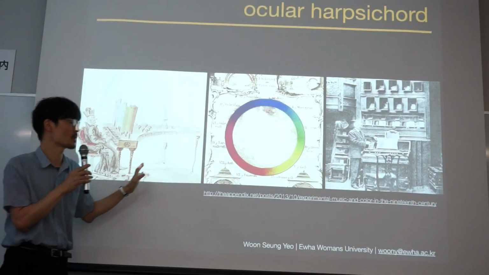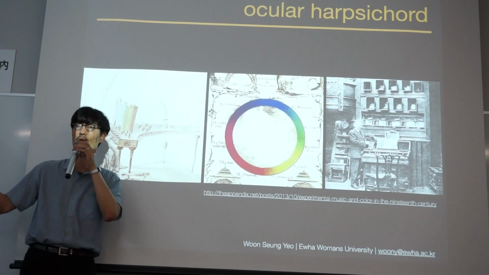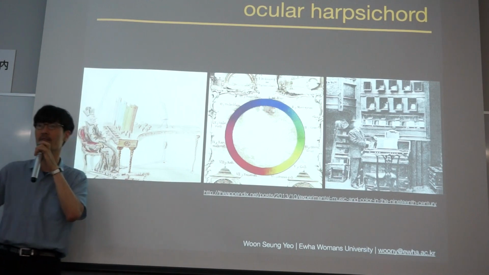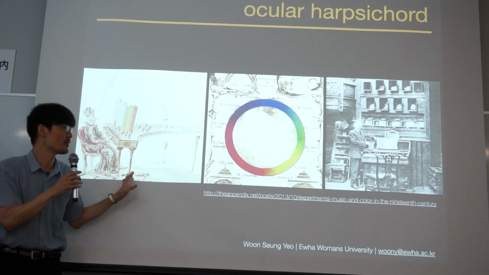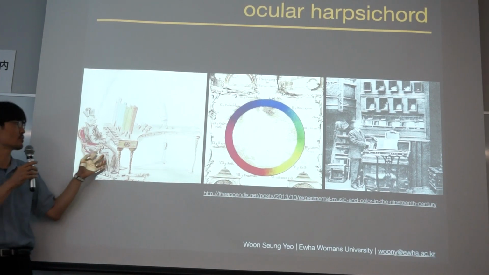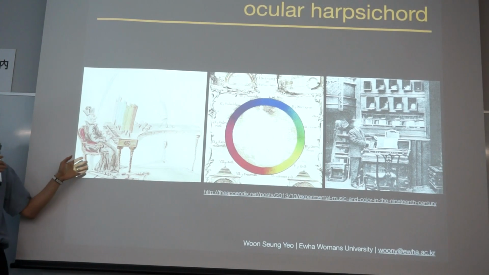In fact, this kind of association between sound and image, or between audio and visual domains, dates back to the 18th century. This was an idea proposed by a Frenchman named Castel.